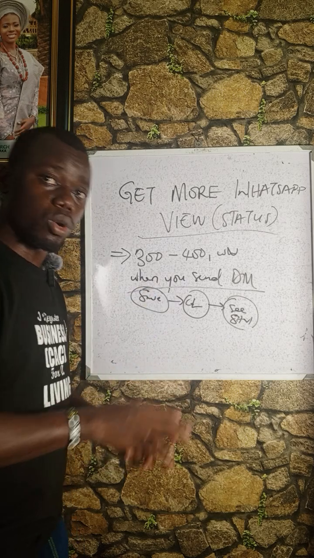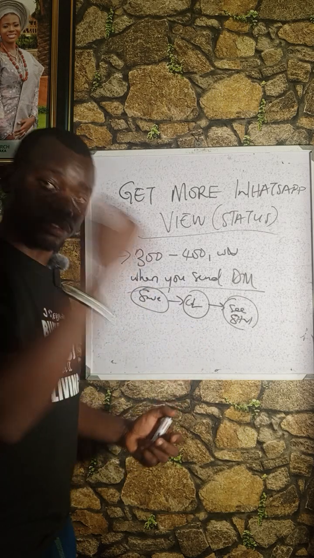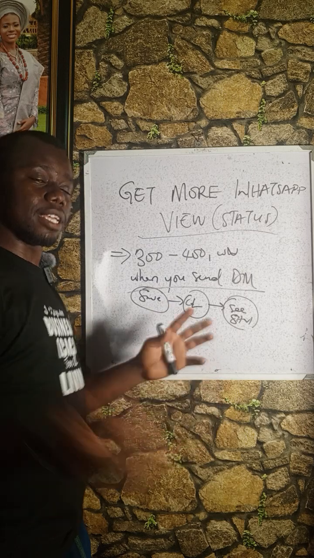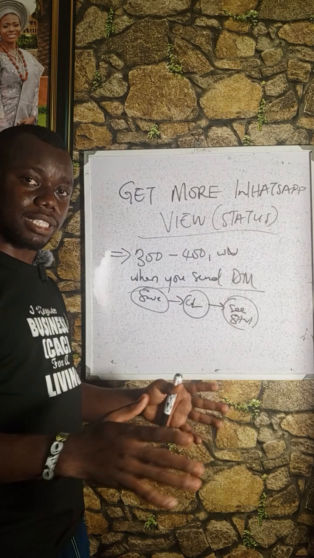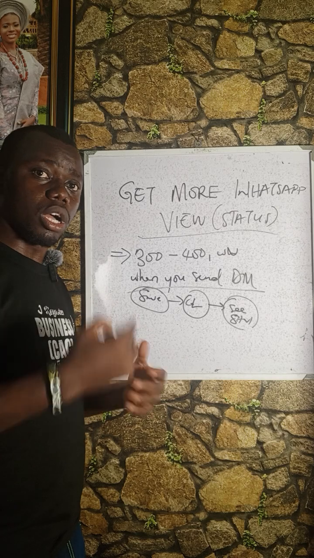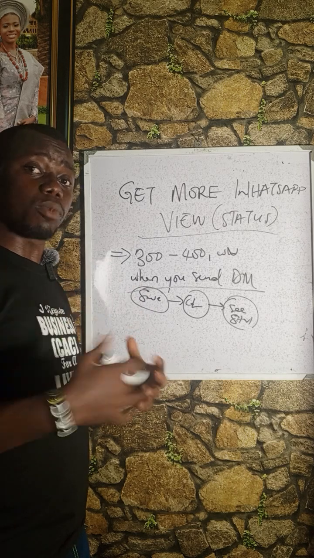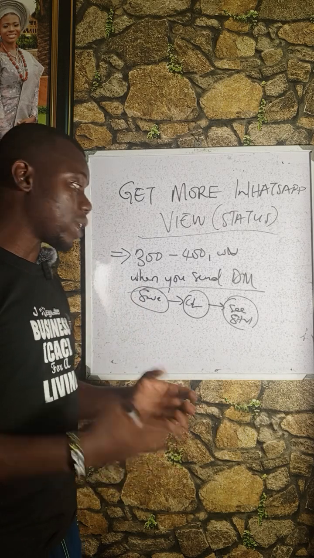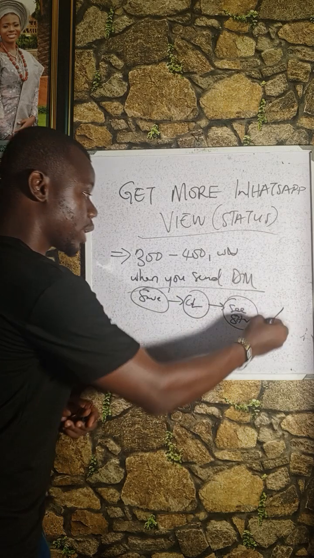So once you made a video and posted, immediately it would come up. It would be among the first set of statuses that people would see, and that's what made individuals and businesses get more engagement with their WhatsApp status. But right now, this doesn't work any longer.